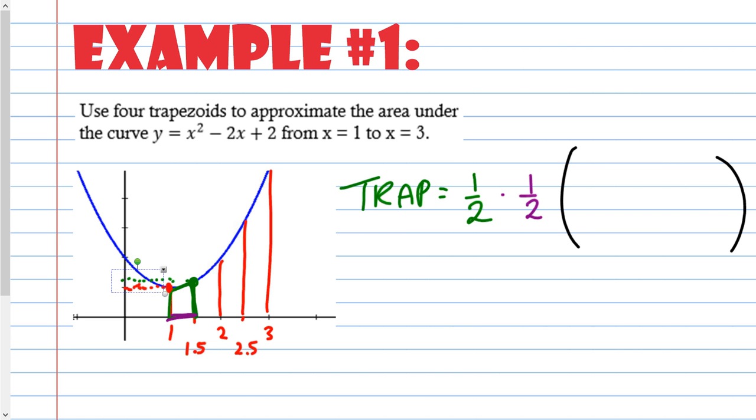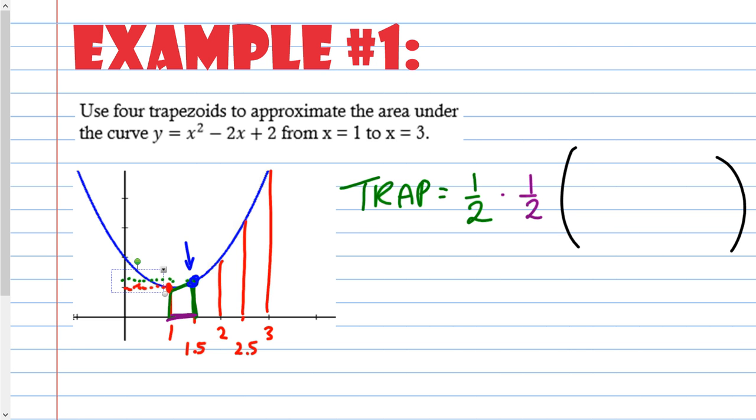But then, if you pay attention, for the next trapezoid I still need this height, because that's my base 1 for that trapezoid. So I'm using this y value twice.